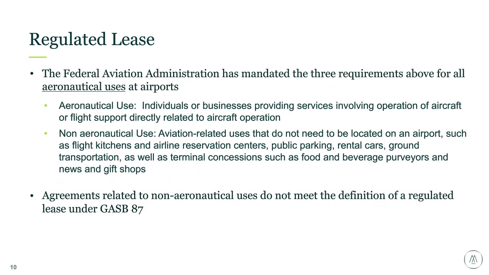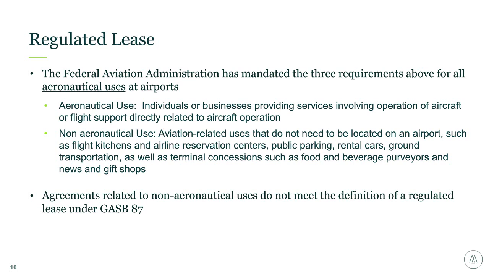So again, the most common regulated lease that I believe we'll see is the leases that airports have with the airlines. Now, for you airports, this is really only going to apply for aeronautical use: individuals or businesses providing services involving direct operation of the aircraft or the flight support.